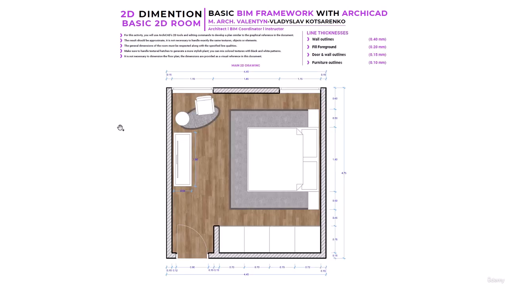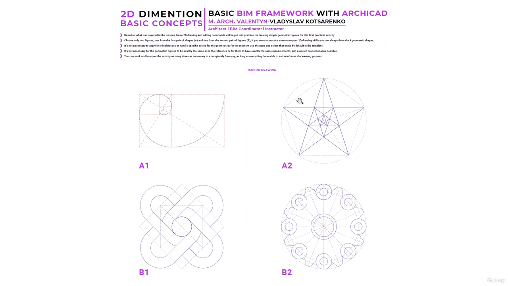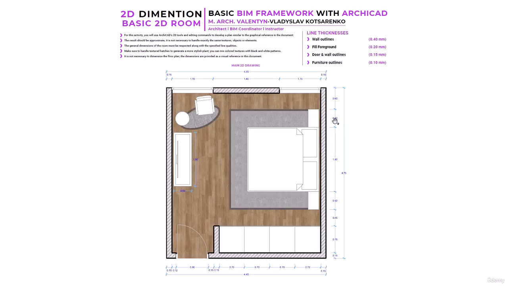And once you know how to manage 2D drawings by using just the line tool and extra tools, we're going to comment a little bit more about the basic types of fills, how you can use the fill tool, and how you can use the basic 2D drawing tools to generate this type of basic 2D room. There we also comment on how you can start managing the line thicknesses.